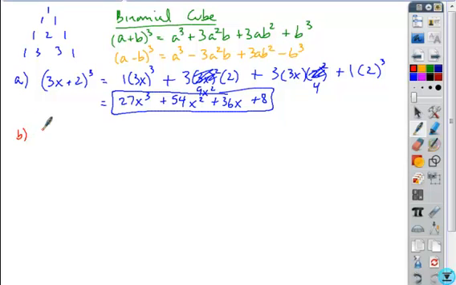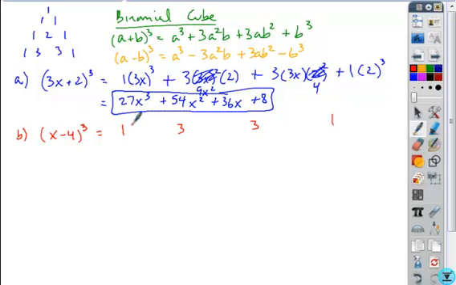All right, so try this one on your own. x minus 4 quantity cubed. All right, so let's take a look at the pattern. You recognize you have a binomial cube, so either build the pattern up or recall the pattern of coefficients as 1, 3, 3, 1.